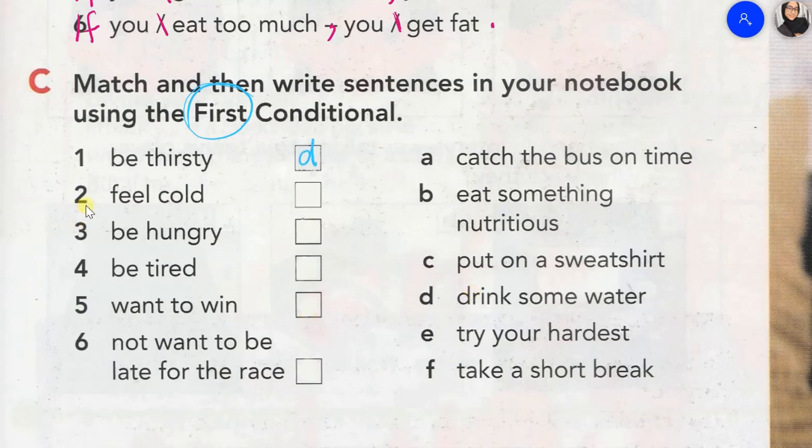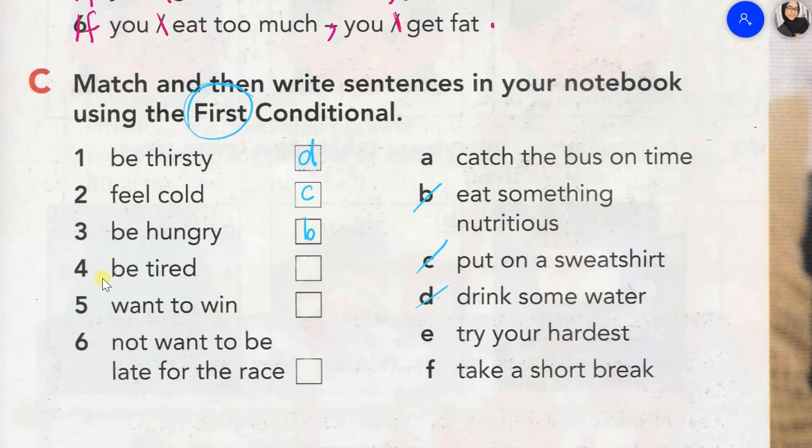Number 2, feel cold. Okay, we cross this out. Feel cold. Catch the bus on time. Put on sweatshirt. If you feel cold, put on the sweatshirt. Number 3, be hungry. Try your hardest, take a short break. Eat something nutritious.